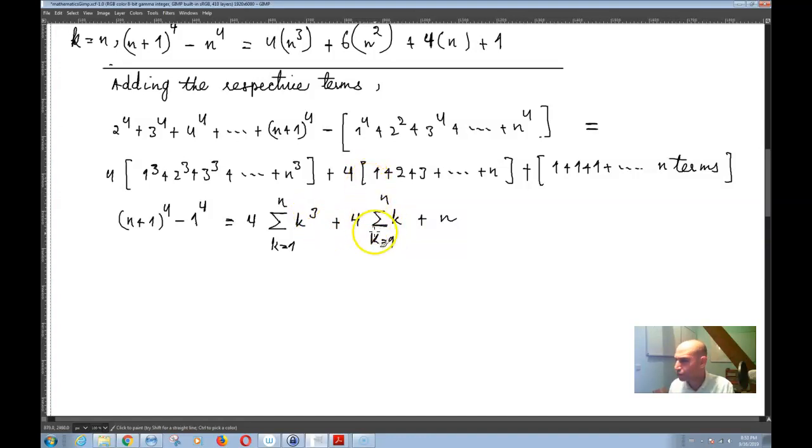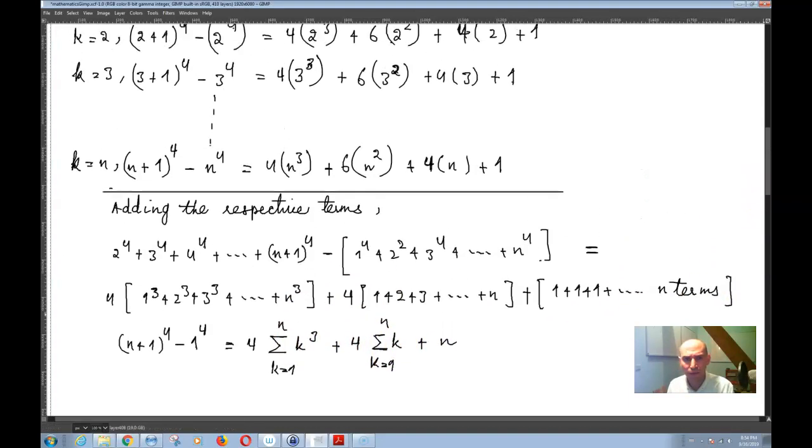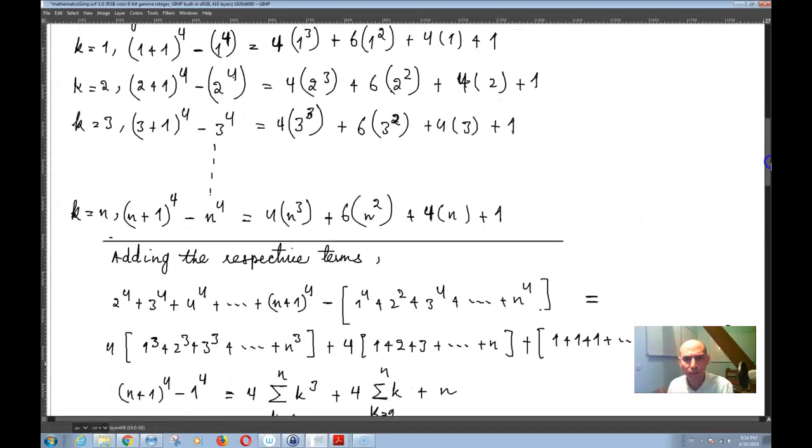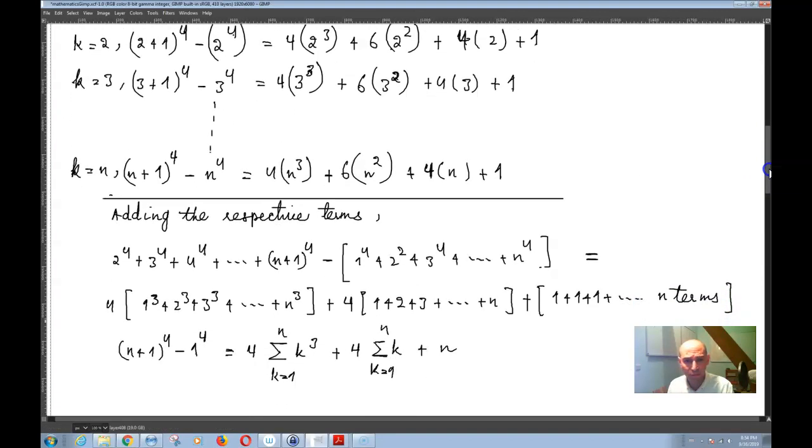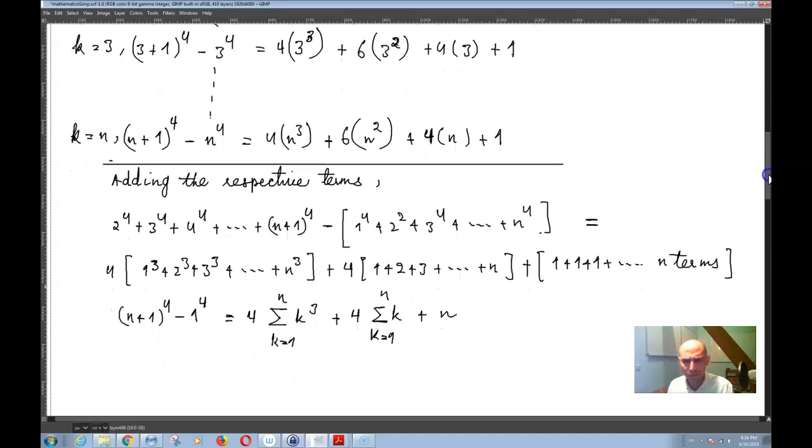And there is supposed to be a 6 over here, n squared. Which is supposed to be 4 sigma k cube plus 6 times k squared. Where is this k squared? Oh, I have actually forgotten something over here. I'm sorry.